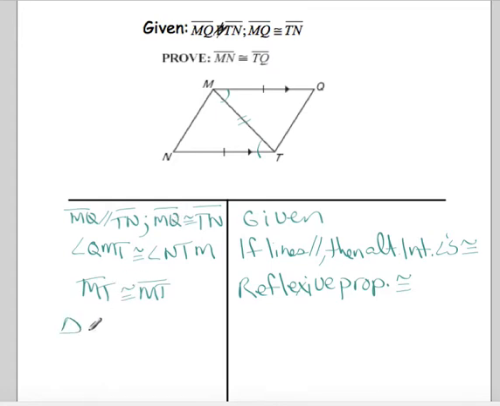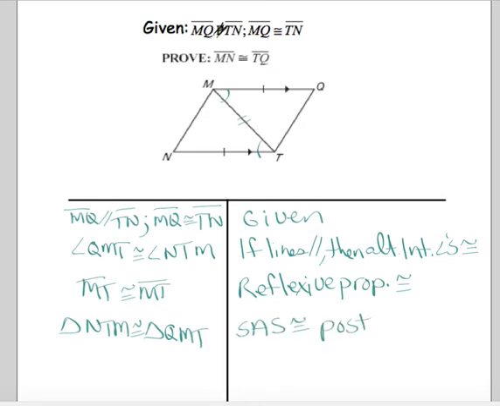So I'm going to name them. First one doesn't matter how you name it. I'm going to say NTM. I started at N, which was kind of out here with nothing on it, so I'm going to start at Q, which is matching with that, kind of out here with nothing on it. I went to T, which had one marking, so I have to go from Q to M because M has one marking in that triangle, and then over to T. And the reason for that was side angle side congruence postulate.